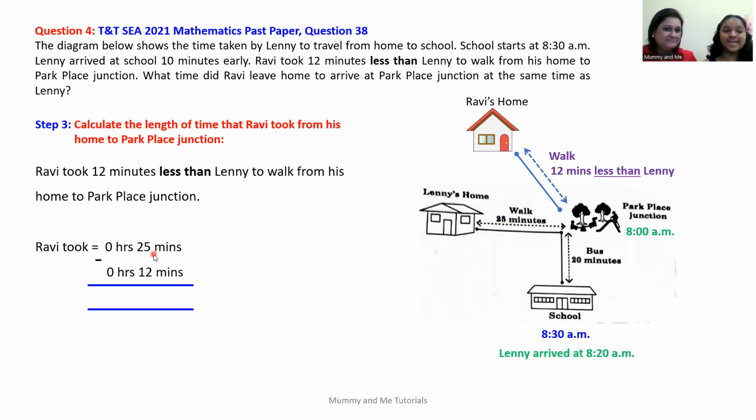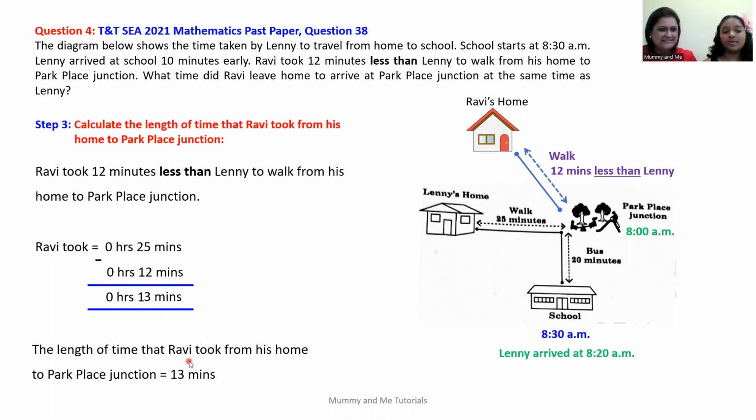How shall we do that? 5 minus 2 will give you 3, and 2 minus 1 is 1. So we get 13 minutes. And 0 hours minus 0 hours is 0 hours. So 0 hours and 13 minutes is just 13 minutes. So Ravi took 13 minutes to walk from his home to Park Place Junction. That's definitely much less than Lenny. Yes, he lives a closer distance to Park Place Junction.